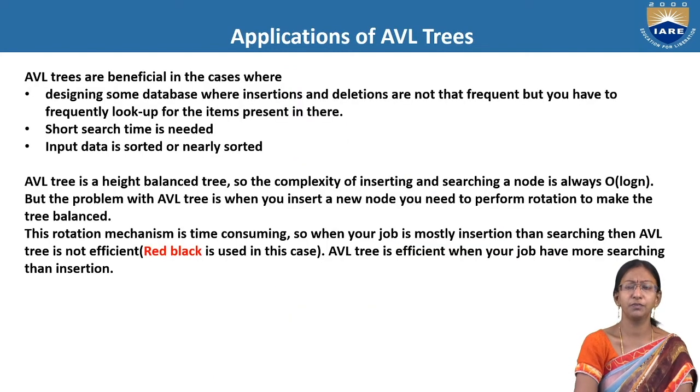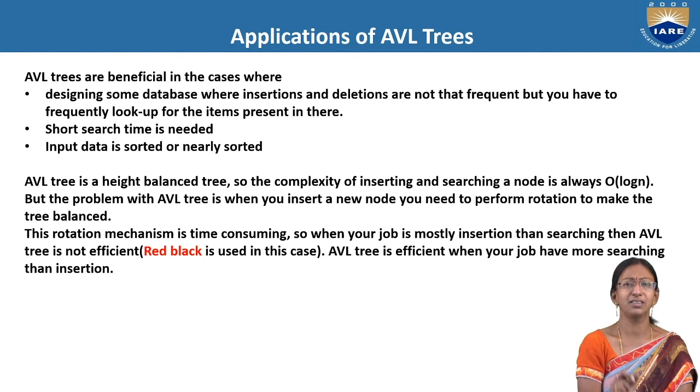Let's see the pros and cons of the same, where we can apply this concept of AVL trees: the designing of any database where we need not insert or delete the data frequently, but we need to search the data frequently. Remember, where the number of search operations is more than insertion or deletion.